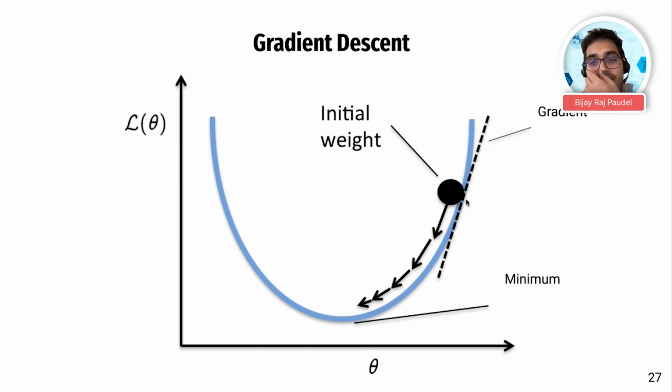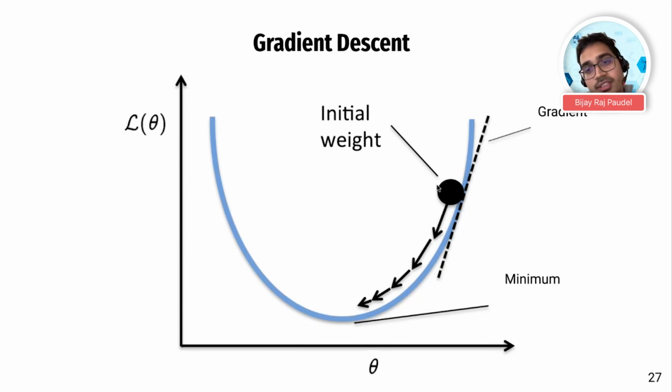What you do is the same technique of gradient. If you take the gradient at this point, you get the slope, and this slope determines which direction to move. For example, if this big black point was on the left side, you would get the opposite gradient.